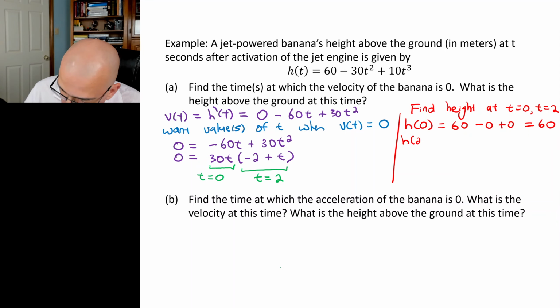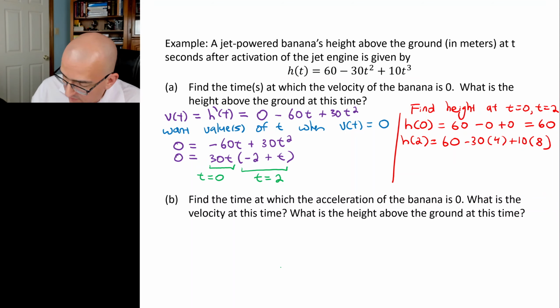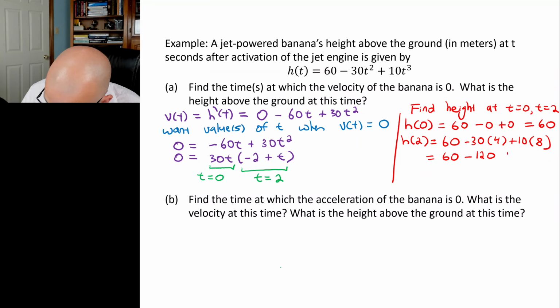H of 2 is 60 minus 30 times 4 plus 10 times 8. 2 to the power of 2 is 4. 2 to the power of 3 is 8. So 60 minus 120 plus 80, that's 20.